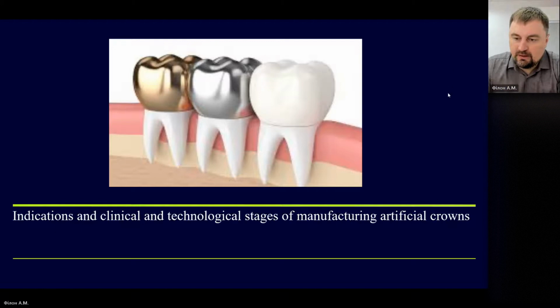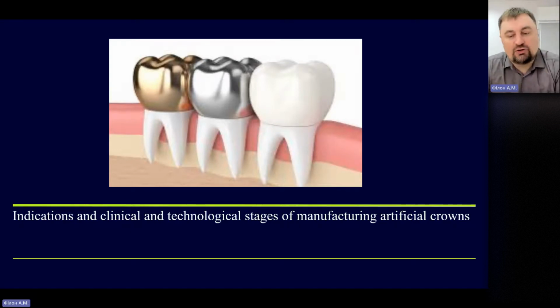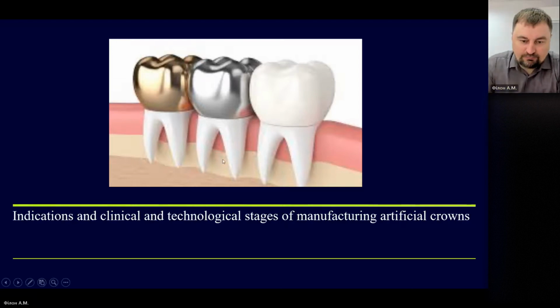So today's topic of the lecture is indications and clinical and technological stages of manufacturing artificial crowns.